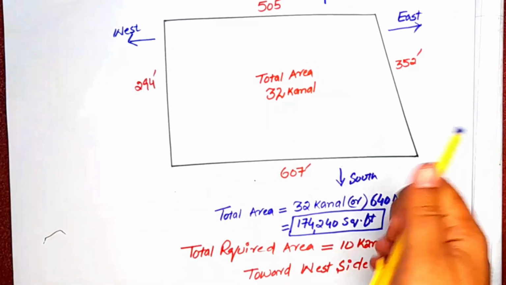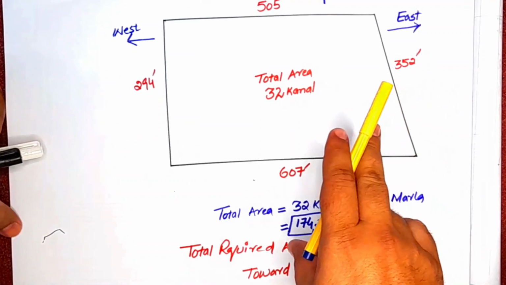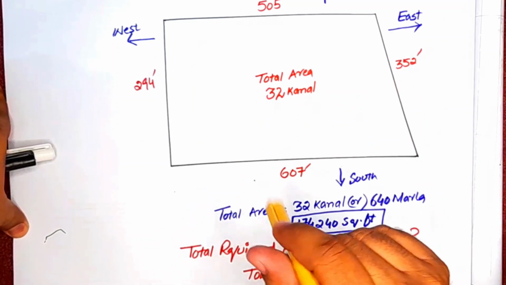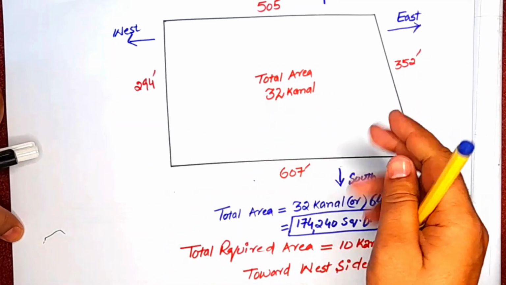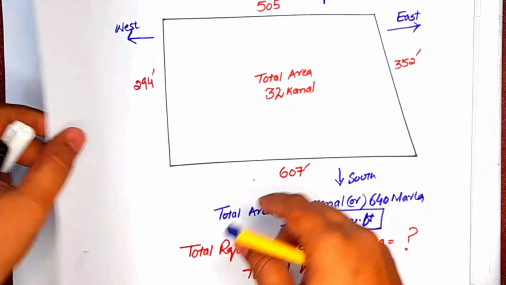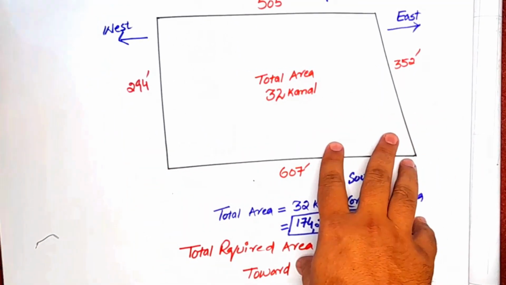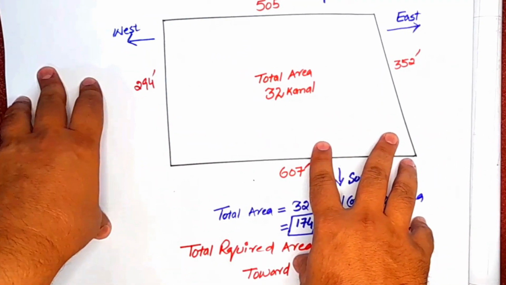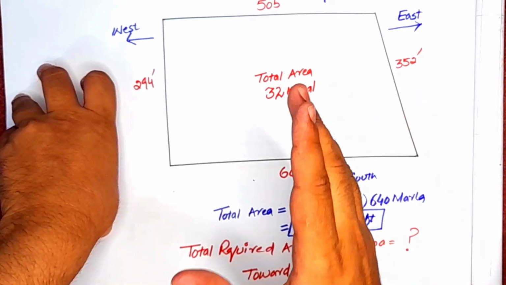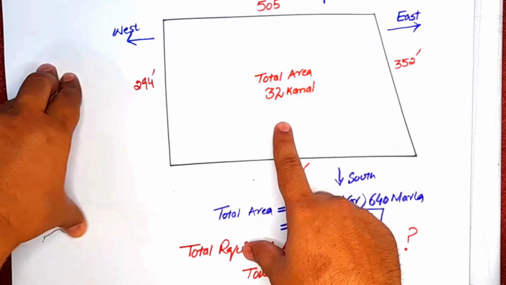In the last clip I showed you the land where the total 32 canal was available, and we are now going to check which formula will be used for area calculation, and how we can separate a plot of 10 canal from this 32 canal land.